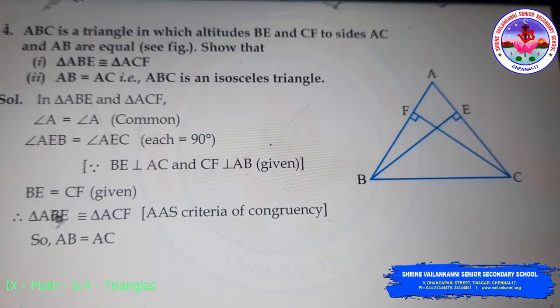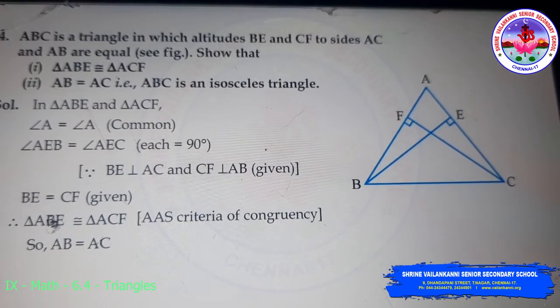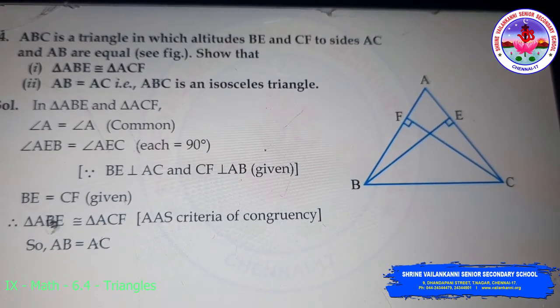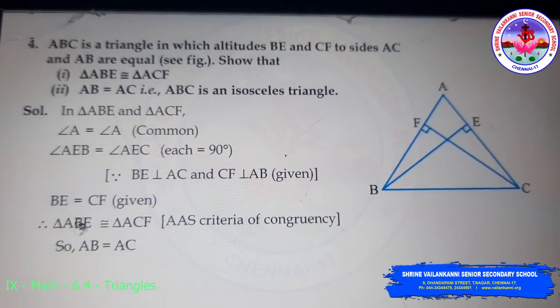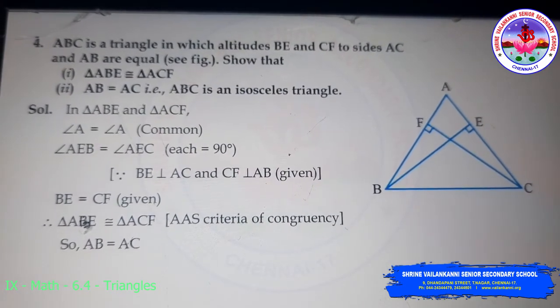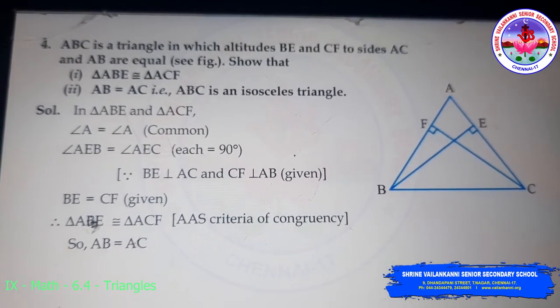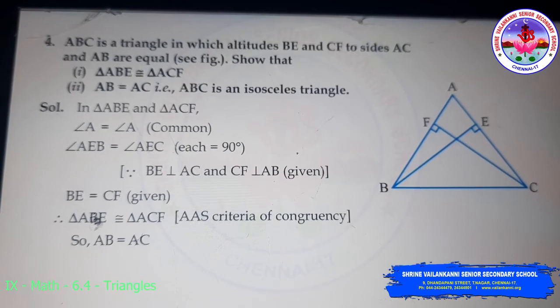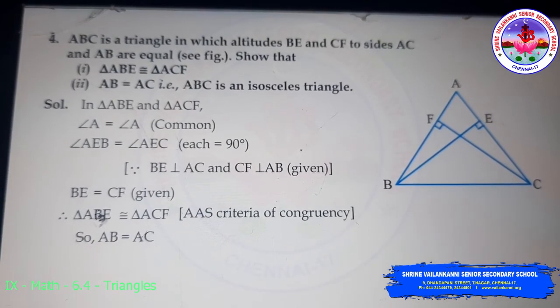Now coming to the solution, in triangle ABE and triangle ACF, we find angle A is common to both the triangles. The second, angle AEB is equal to angle AFC, since these two lines are perpendiculars to AB and AC, so it subtends 90 degrees with the sides AB and AC.